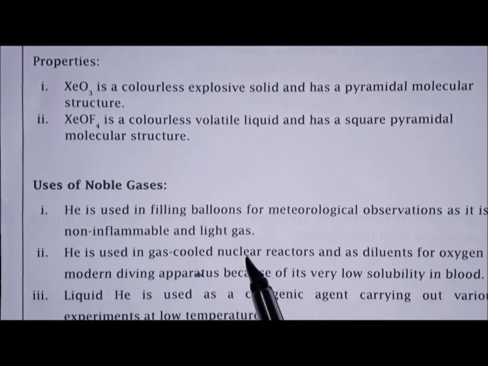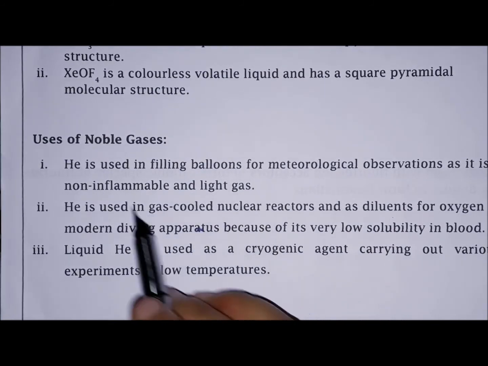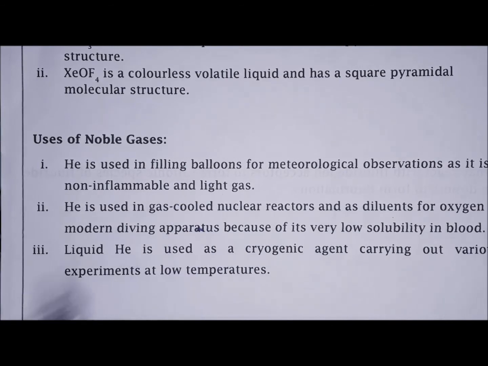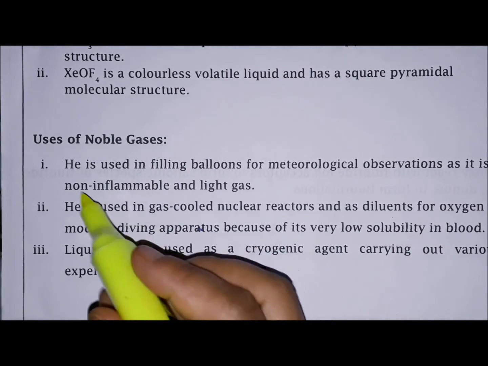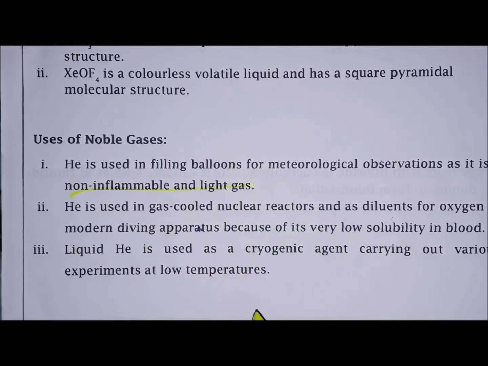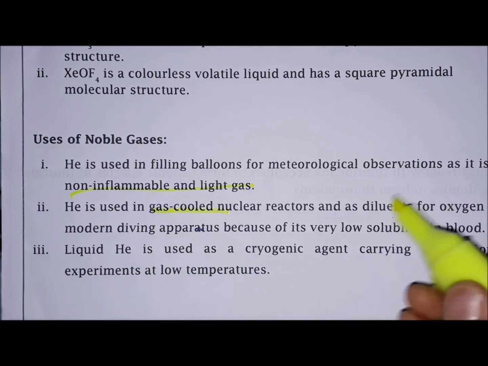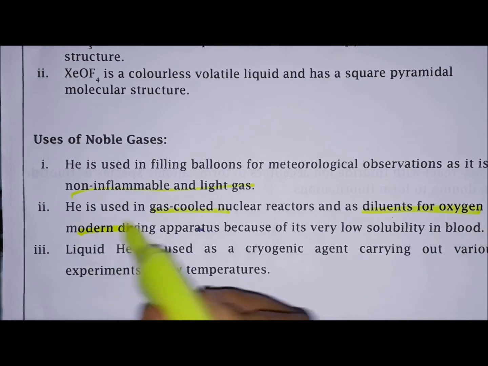Now last are the uses of noble gases. Helium is used in filling balloons for meteorological observation. It is a highly non-inflammable and light gas, so it is used in gas cooled nuclear reactors and to dilute oxygen in modern diving apparatus.